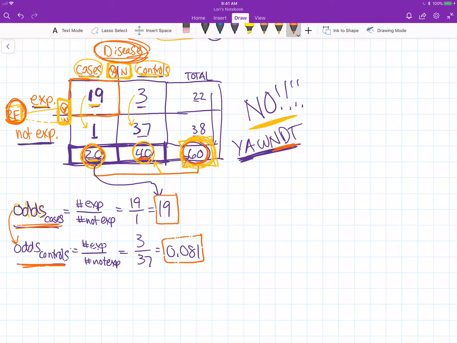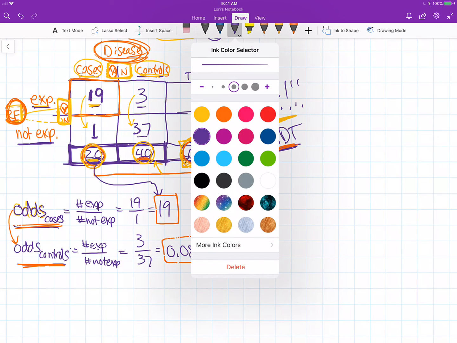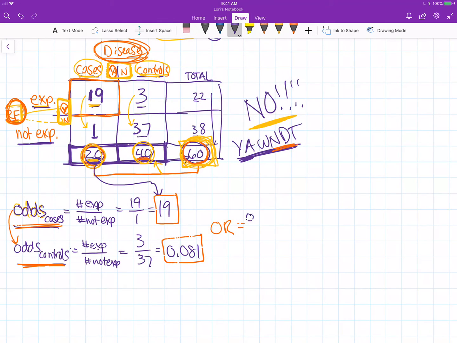And so our odds ratio is equal to the odds for cases divided by the odds for controls, which is equal to 19 divided by 0.081.